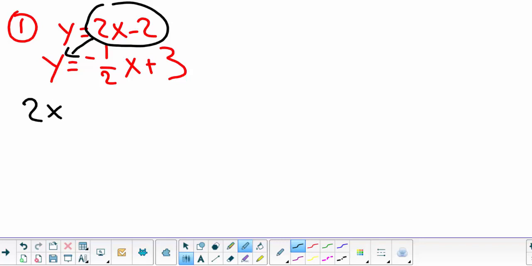So now we have 2x minus 2 equals negative 1/2 x plus 3. With this problem, we want to get all the variables to one side, numbers to the other. So let's add 1/2 x to both sides.